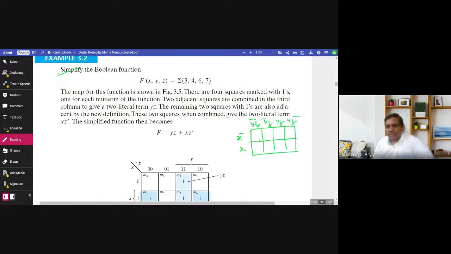So this is 0, 1, 2, 3, 4, 5, 6, 7. I will change the pen color. At 3, logic 1, 4, logic 1, 6, logic 1, and 7, logic 1. Now we have to minimize it.